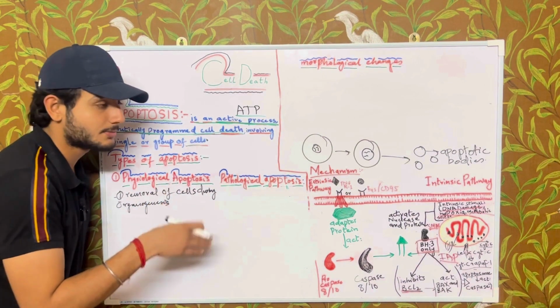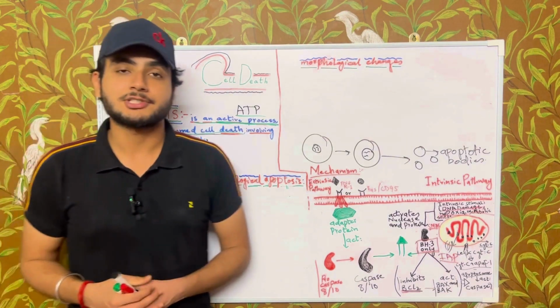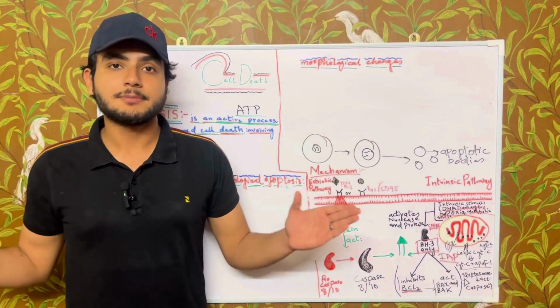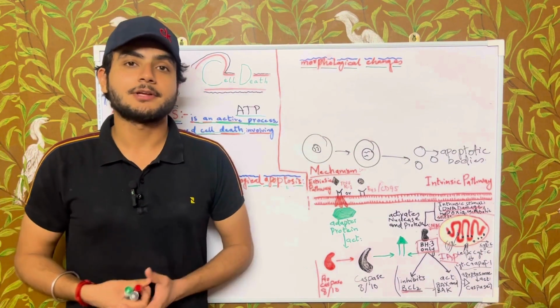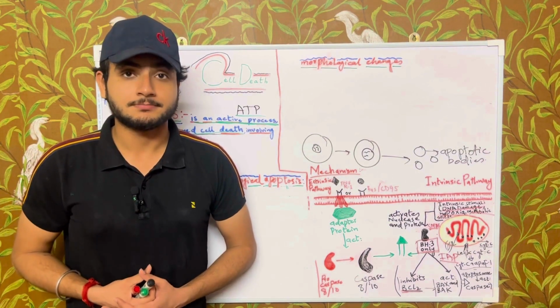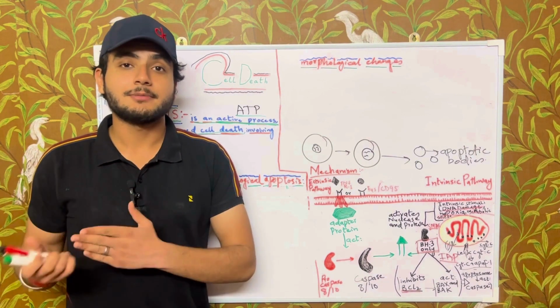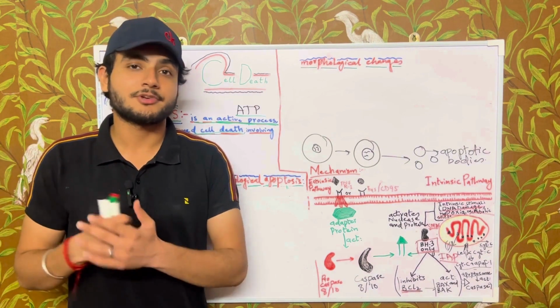Now let's talk about the next example. We know that during inflammation, WBCs leave the blood vessels and enter the site of inflammation or infection. After the completion of their function, they must be eliminated, otherwise there will be an exaggeration of the immune response.